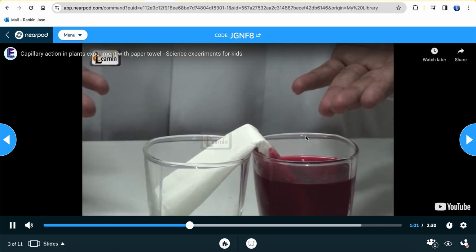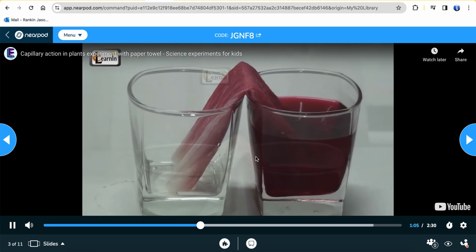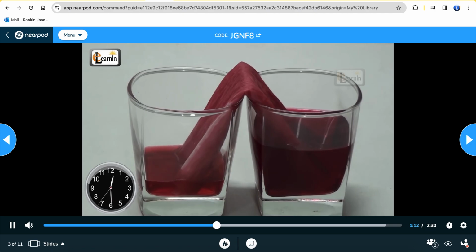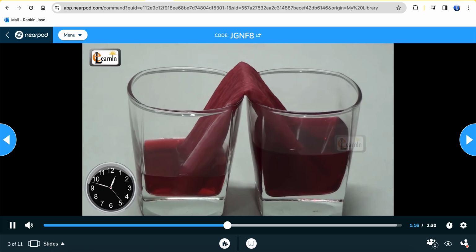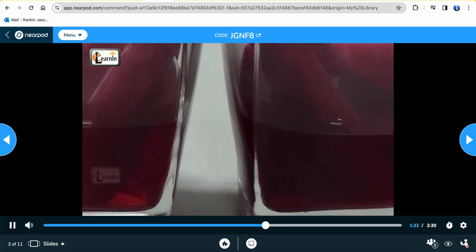All right, take a look. Immediately, it's absorbing. Leave it this way for a few hours. You can observe that the colored water gets transferred into the empty glass through the paper towel. The water keeps flowing into the other glass until they attain an equal amount of water in both of them.